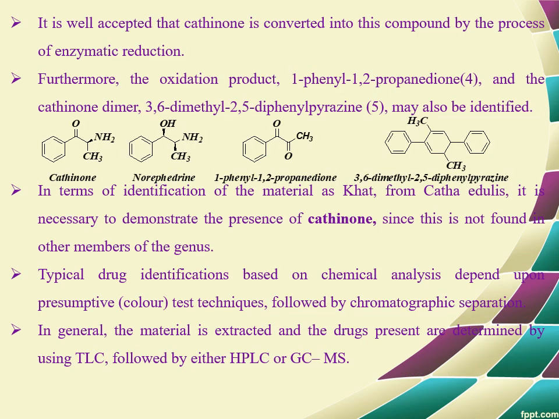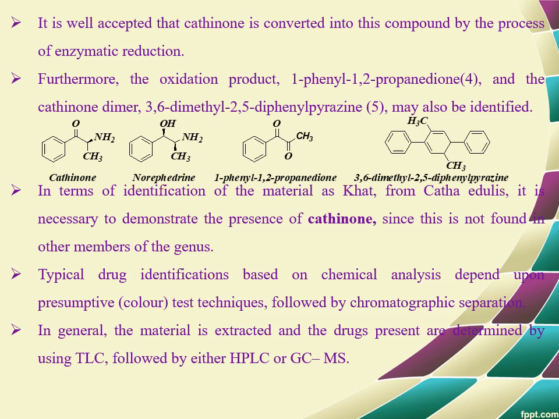It is well accepted that cathinone is converted into this compound by the process of enzymatic reduction. Further, the oxidation products 1-phenyl-1,2-propanedione and cathinone dimer may also be identified.